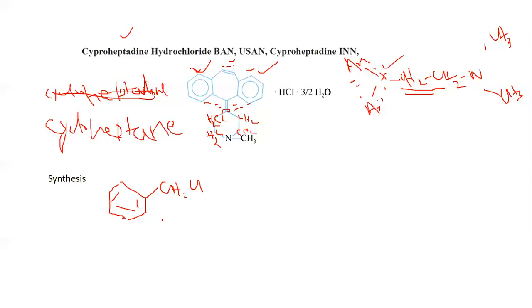Then, because I have to make this link, I have to put one linker here. So I am putting one aldehyde group here. Why I am putting the aldehyde group, we'll understand later. One aldehyde group here, and plus we are again adding one benzene ring here.